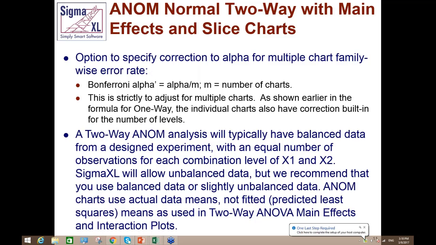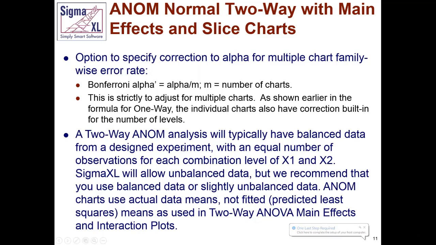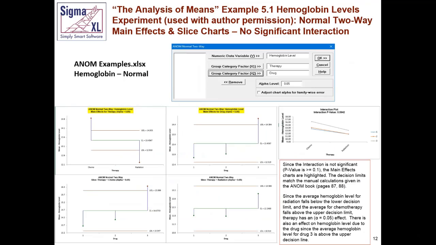So for every combination of x1 and x2, you have an equal number of observations. If there is a slight imbalance, let's say some missing observations, you're still going to be fine with the two-way. But a really large imbalance could be problematic, so we don't recommend that.